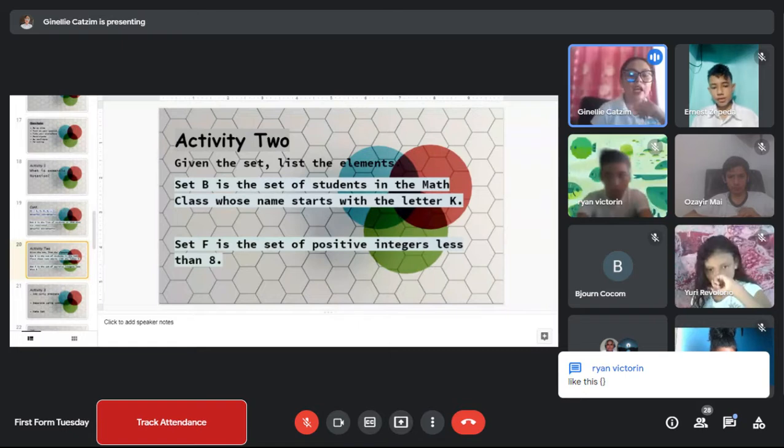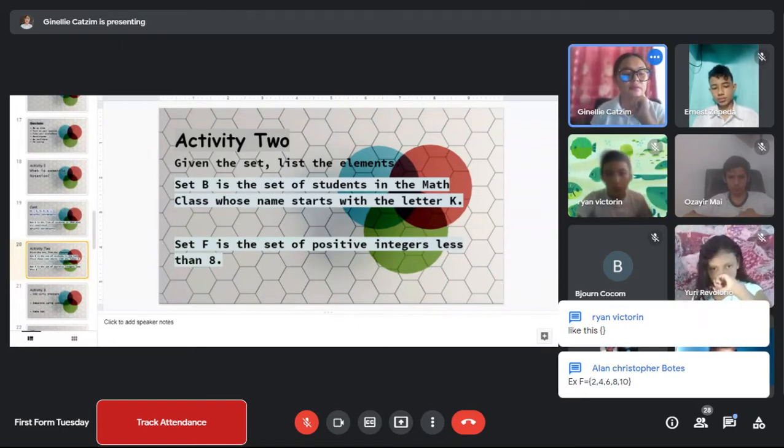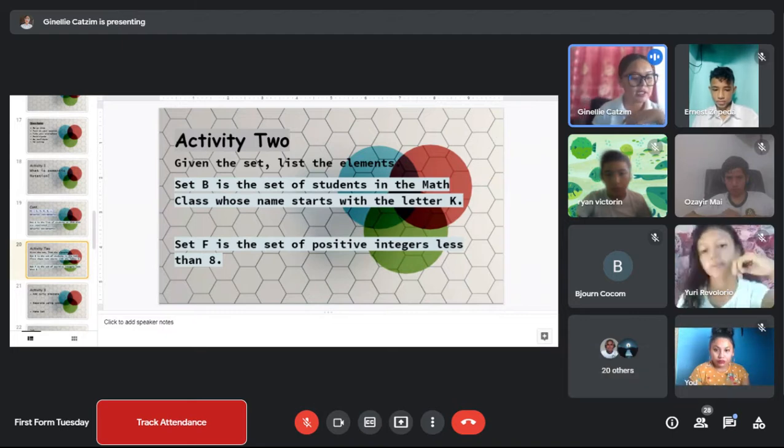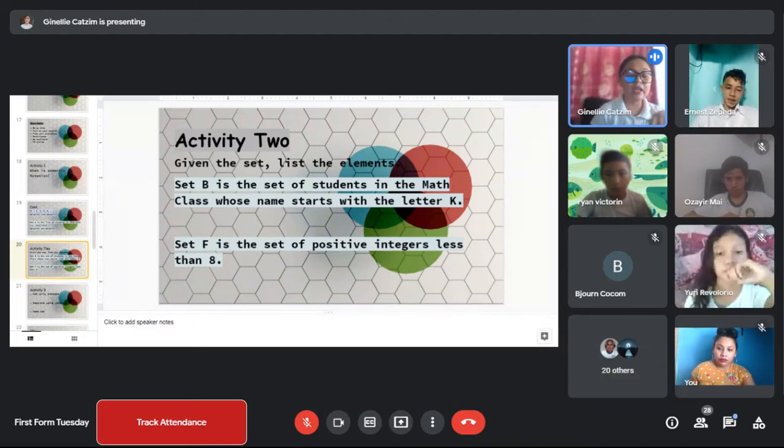So now for set F, you should have F equals. Yeah, that's a good example, but now let's do set F. F is the set of positive integers less than 8.